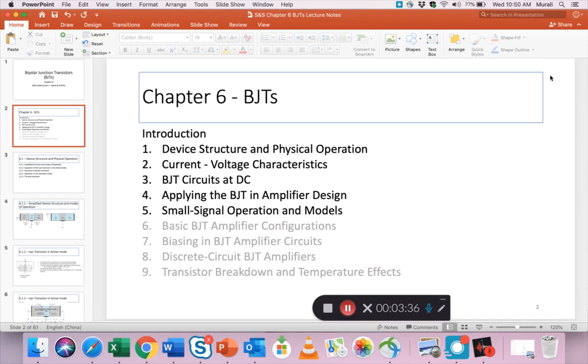In fact, EE 380 will likely begin with this topic on BJTs, section number 6. So basically we have to cover in this class the first 5, and I will do that in 2 halves. The first half I will do 1, 2, 3, and then 4, 5 in the next recording. So we have to cover device structure and physical operation, current-voltage characteristics, and BJT circuits at DC in this recording, just the theory.